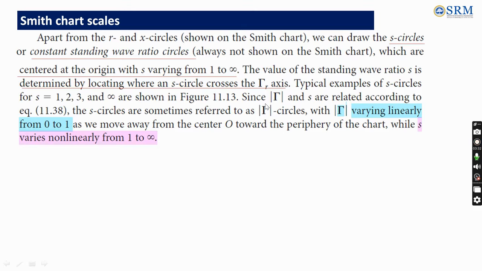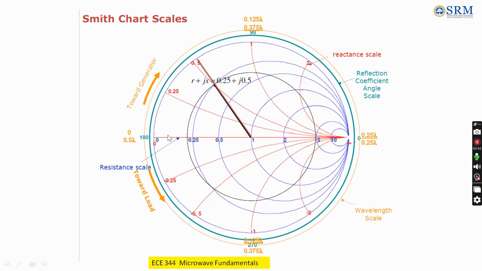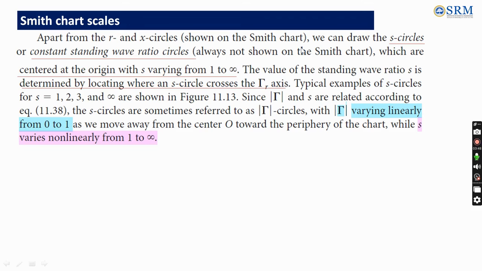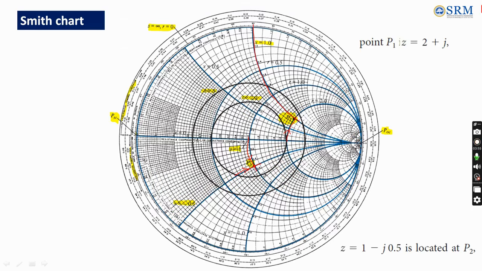So both the reflection coefficient magnitude and SWR are related. The magnitude of the reflection coefficient varies linearly from 0 to 1 as we move from the center. At the center the reflection coefficient is 0, and as we move outward it is 1. We have seen this in the last session. But the SWR value ranges from 1 to infinity, based on the relation between them.